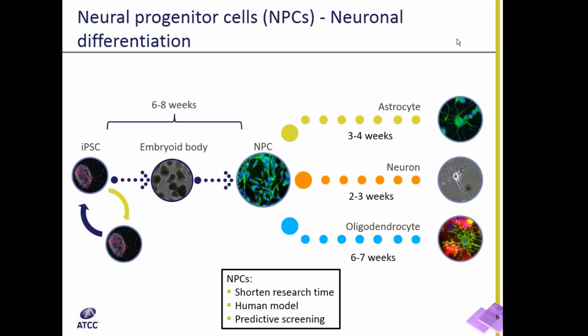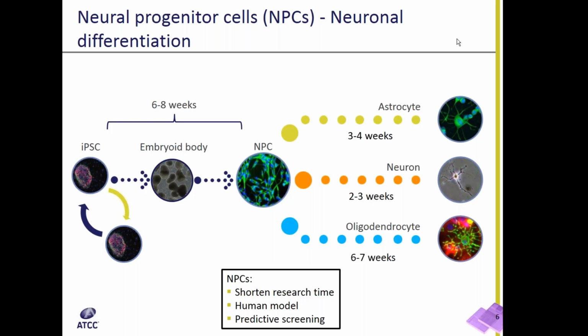Neural progenitor cells that differentiate into astrocytes lose expression of nestin and PAX6 and instead produce glial fibrillary acidic protein, also known as GFAP. NPCs that differentiate down the neuronal lineage express microtubule associated protein, or MAP2, doublecortin, or DCX, and neuron-specific class 3 beta tubulin, also known as TuJ1.